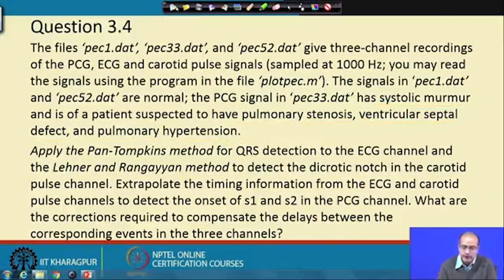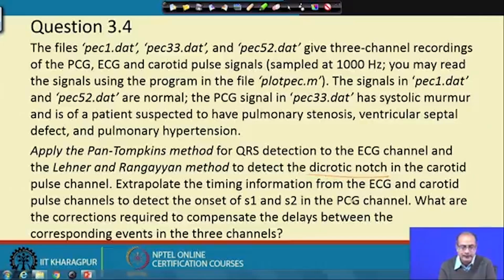Now, to get the PCG signal, we need to take the help of 2 other signals: the QRS in the ECG, for which we use the Pan-Tompkins algorithm to detect it, and for the carotid pulse we need to find the dicrotic notch.